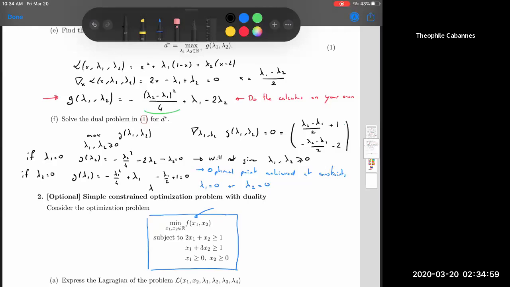So lambda1 is equal to 2. And j of lambda1 is equal to 1. J of lambda2 is equal to 0. So in this case, j of lambda is greater than this case.